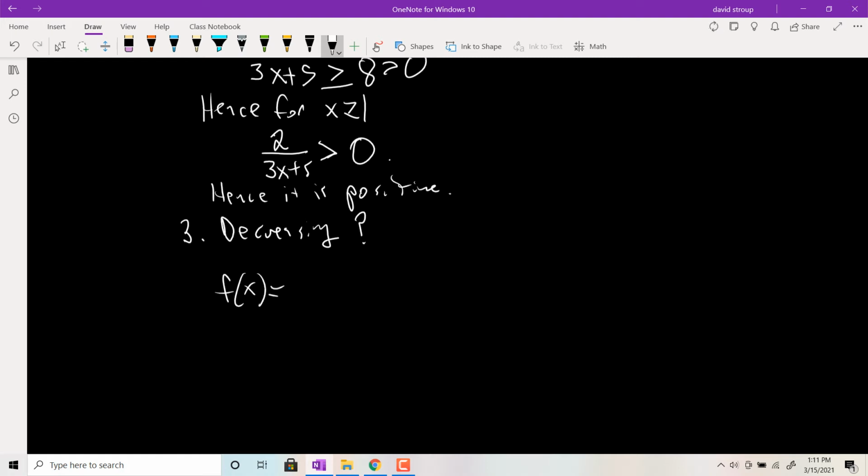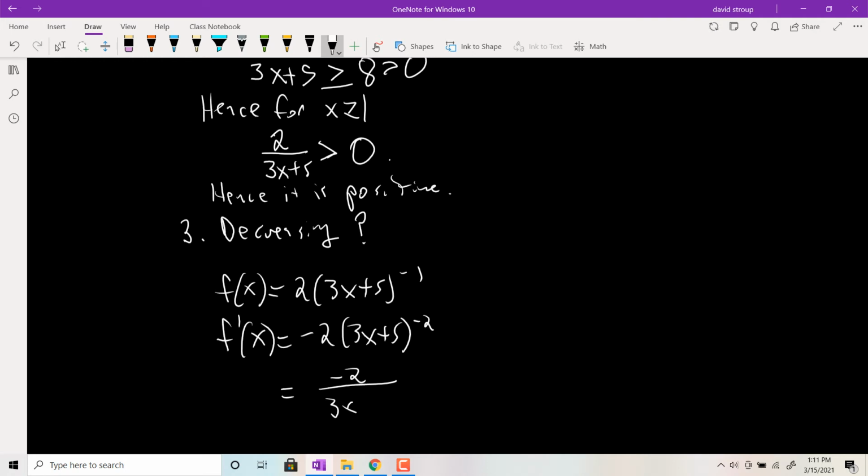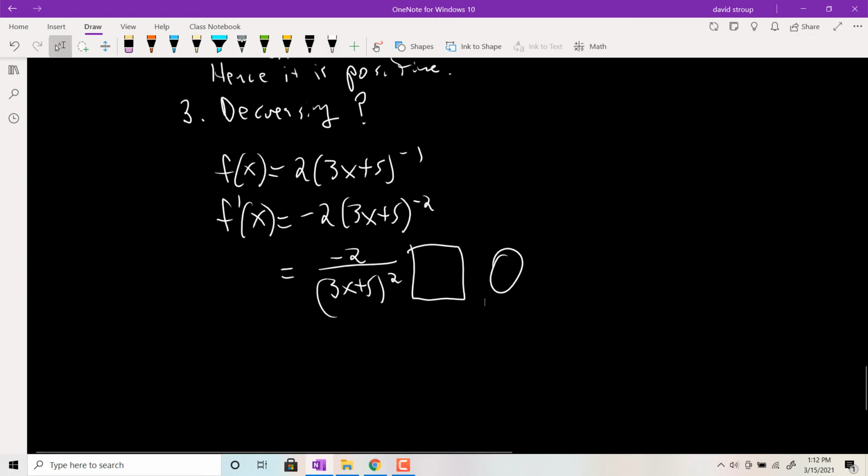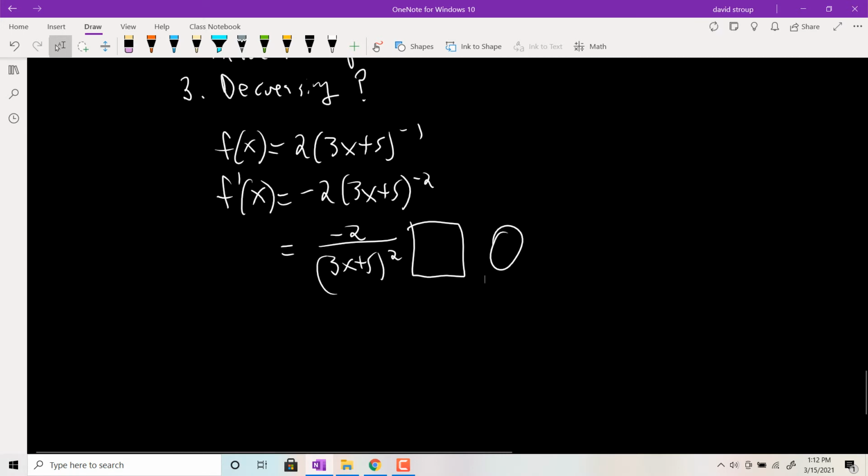So f of x is equal to 2 times 3x plus 5 to the negative first power. F prime of x will equal negative 2 times 3x plus 5 to the negative 2 power. In other words, that's equal to negative 2 all over 3x plus 5 squared. Then I just need to compare that to 0. In this case, 3x plus 5 squared, anything squared, so long as it's not 0, will be positive. We already showed that 3x plus 5 is positive.